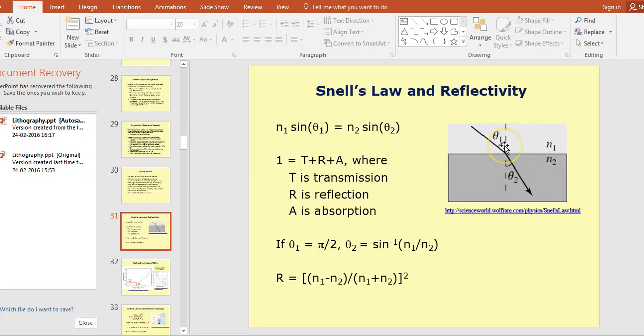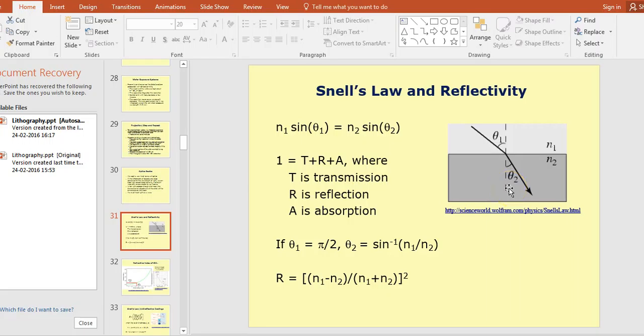Either the ray will bend towards the normal, or it will bend away from the normal, depending on the kind of medium we are dealing with. For example, if N1 is rarer and N2 is denser, it will bend towards the normal, and if N1 is higher than N2, it will bend away from the normal.